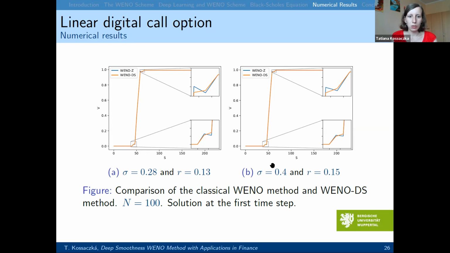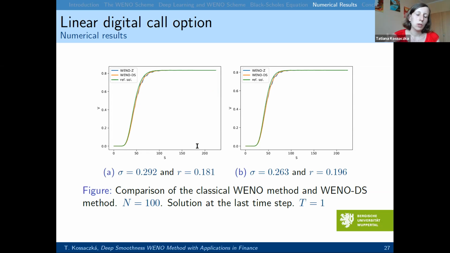In most cases, the standard WENO method is able to capture these well, and for example, in terminal time, if we fix t=1, it is able to get rid of these oscillations. But in some cases, even in the terminal time, the oscillations of the original WENO method are present, and if we use our enhanced method, they are not there anymore. So this is a big advantage of this method, I would say.